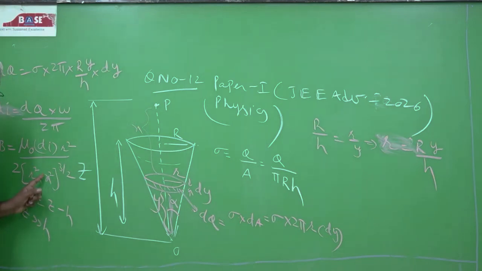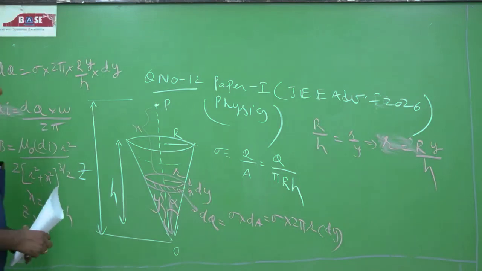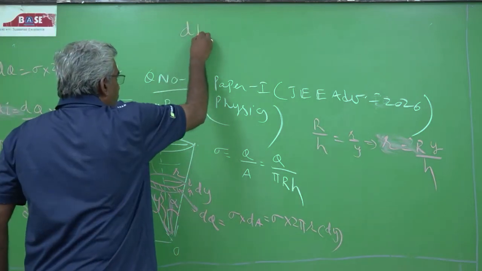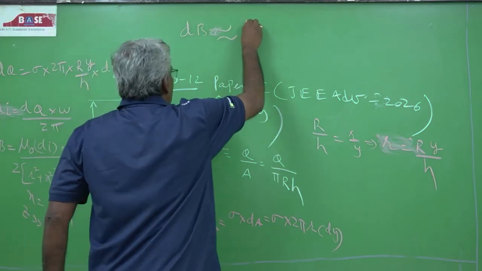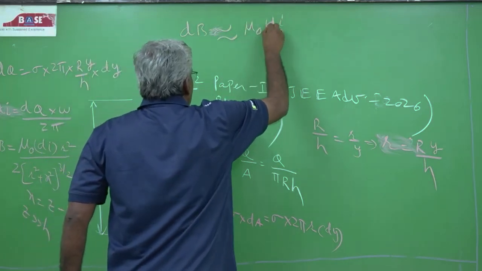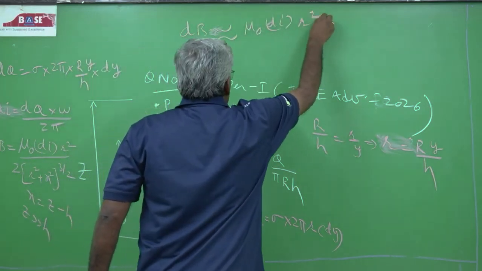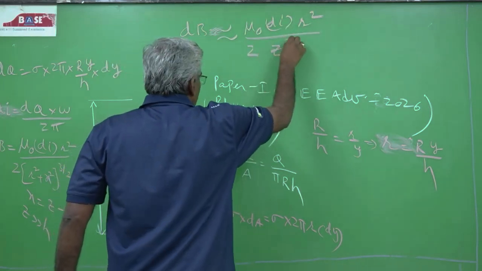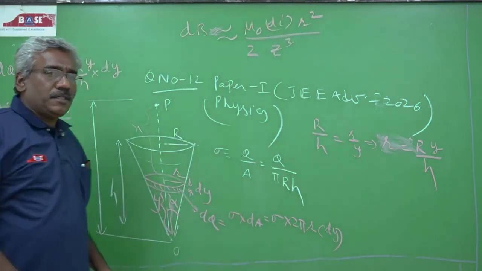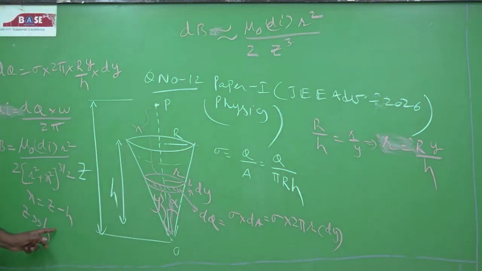So approximately dB is mu naught into di multiplied by r square divided by 2 into z cube, based on the given assumption.